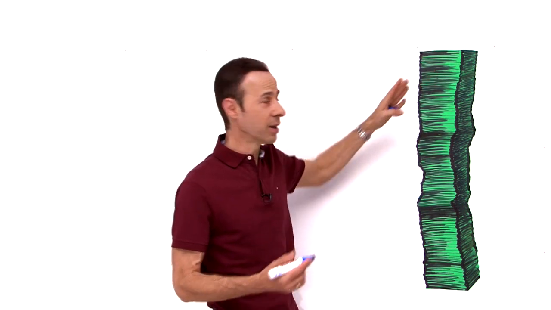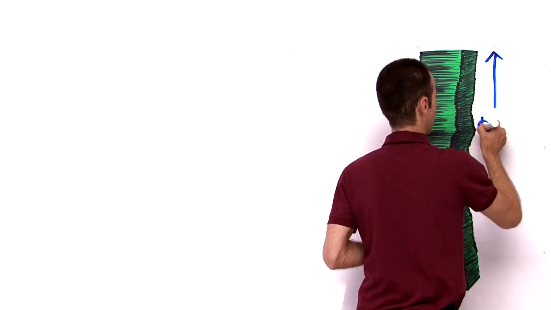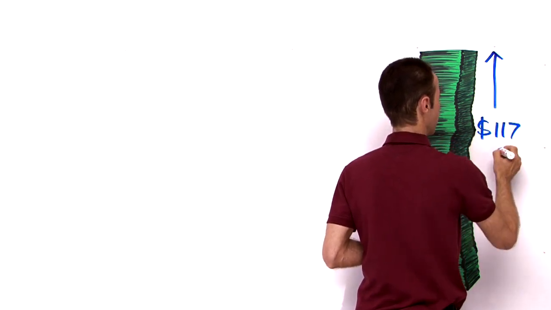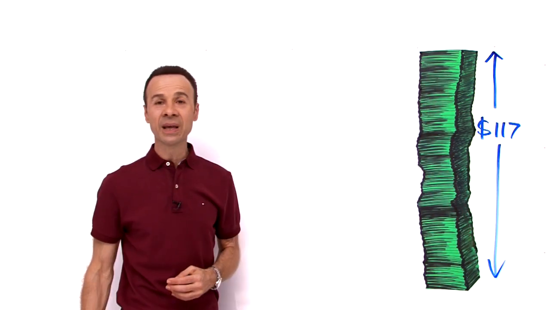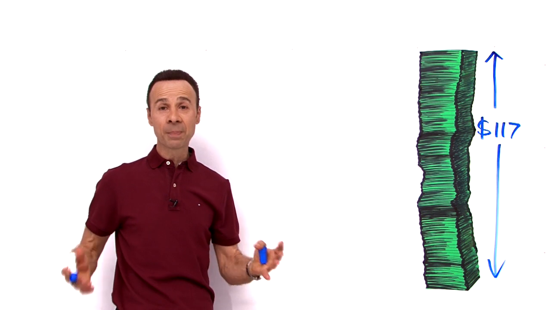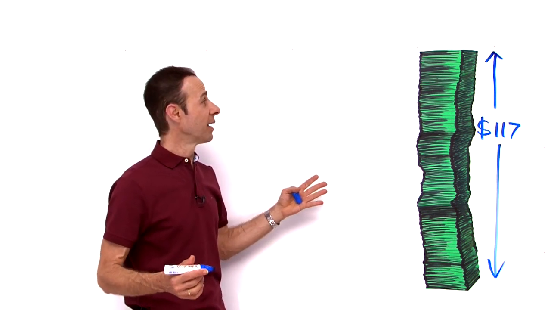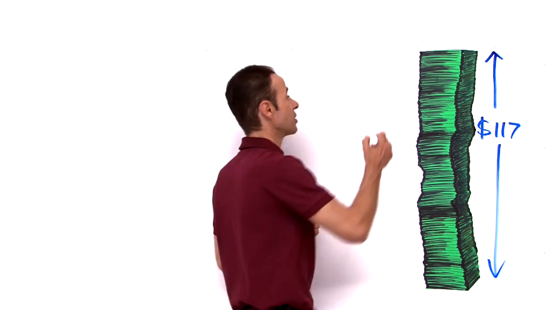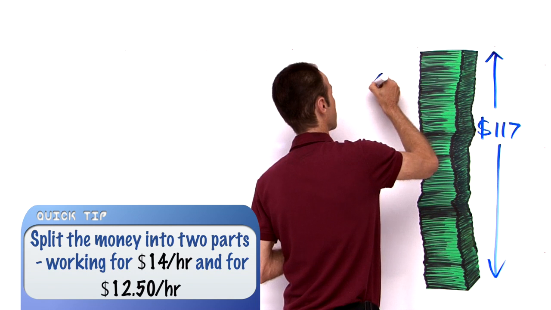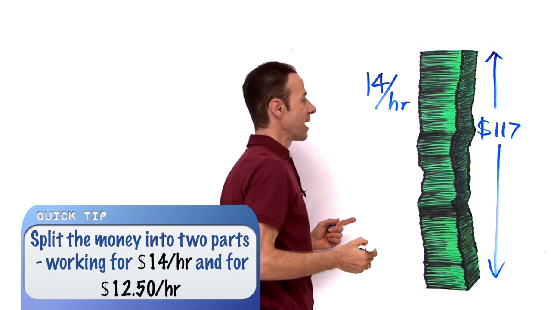So $117 is the amount of money he's going to make. And it's broken up into two components. The first component is that he works for $14 an hour per hour for the first 3 hours.